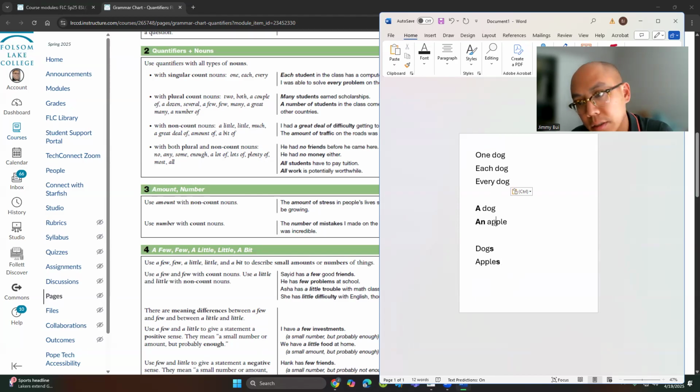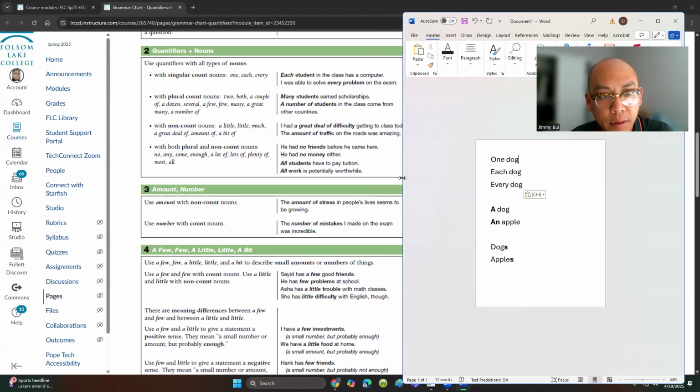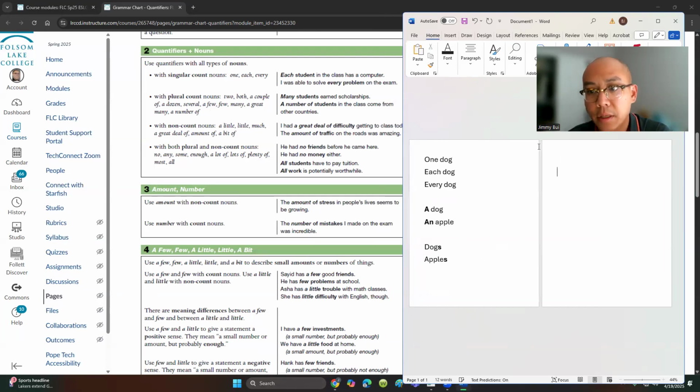Of course, these are very similar but different, right? And so, also with plural count nouns, some of these quantifiers now.